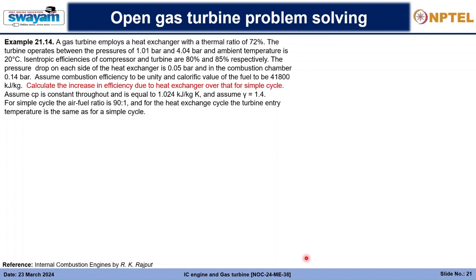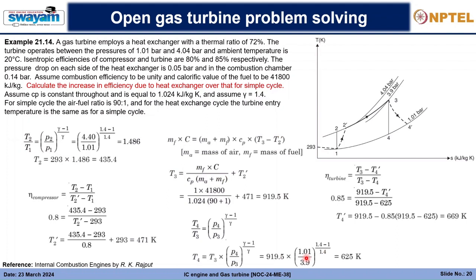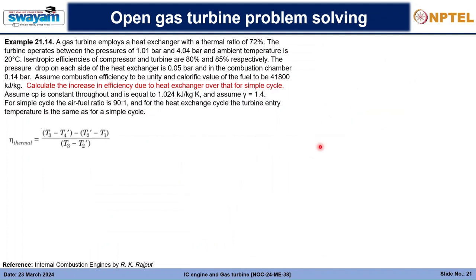Next, we will calculate the thermal efficiency of the simple cycle. In the simple cycle, we know the work output, the work input, and the heat supply. Based on that, we simply plug in the values of temperatures, because we have to take the specific heat of air equal to the specific heat of gas, as no information is given.